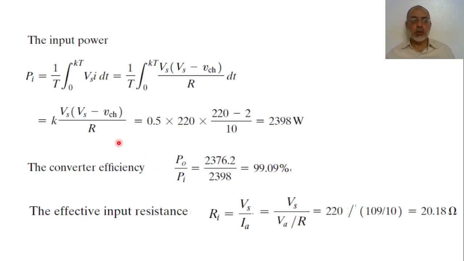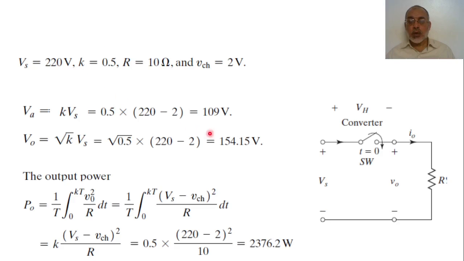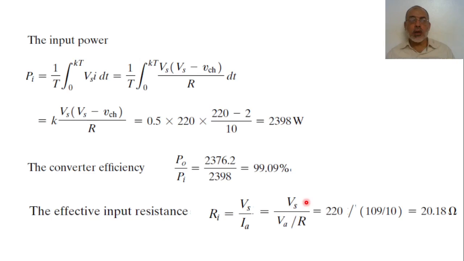The input power, on the other hand, is 1 over T times the integration from 0 to kT. If I'm talking about the input power, I'm talking from here: this is Vs multiplied by I. I'm not talking about what is the chopping here. I'm talking about the input power. So the input power is 1 over T, the integration from 0 to kT, of Vs multiplied by I dt. Vs is Vs. What is I?